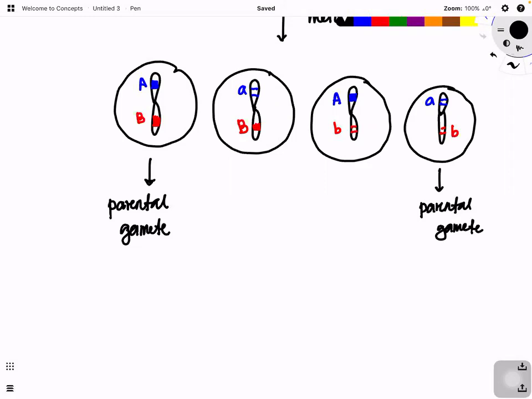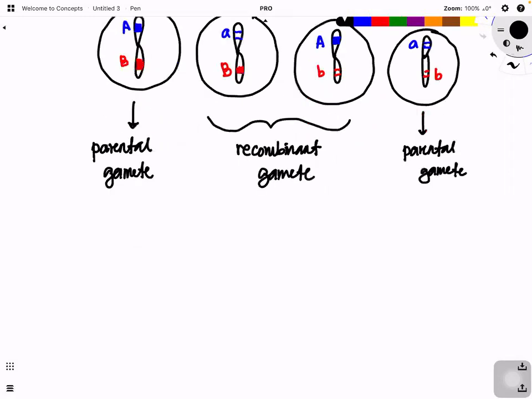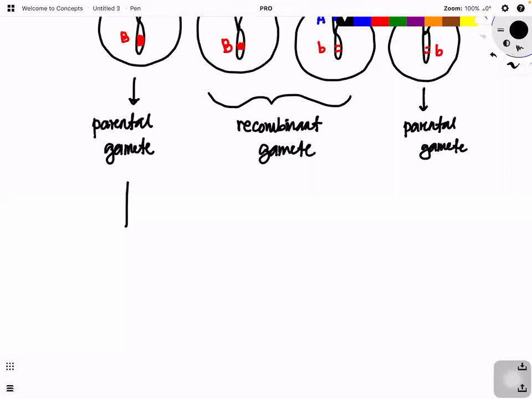But these two, because of crossing over, we recombine the alleles. So when we recombine the alleles, this is called a recombinant gamete.